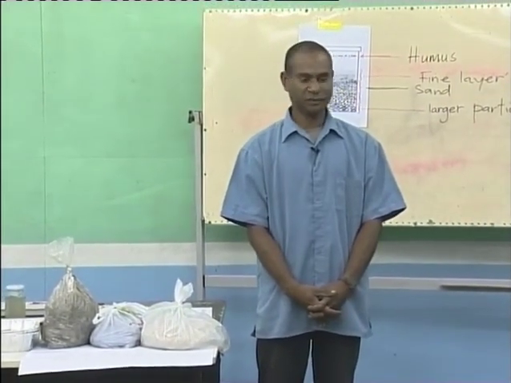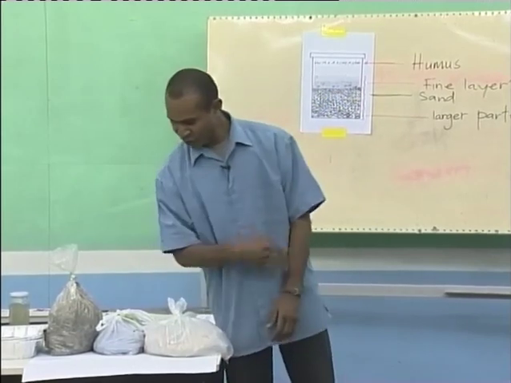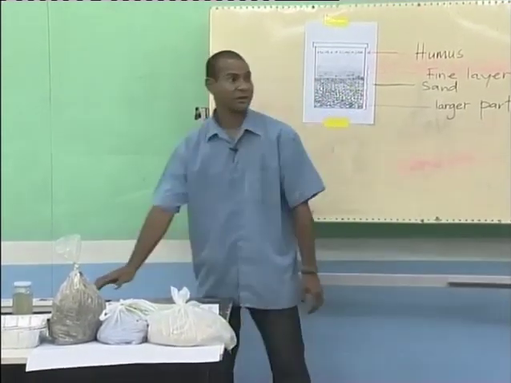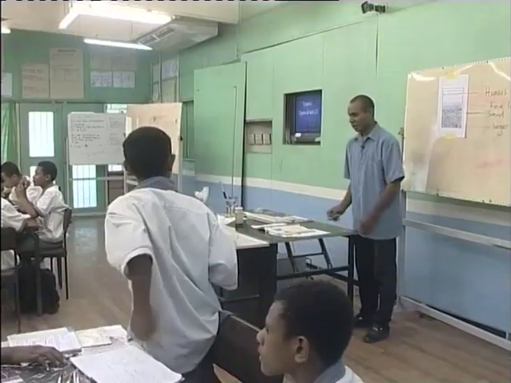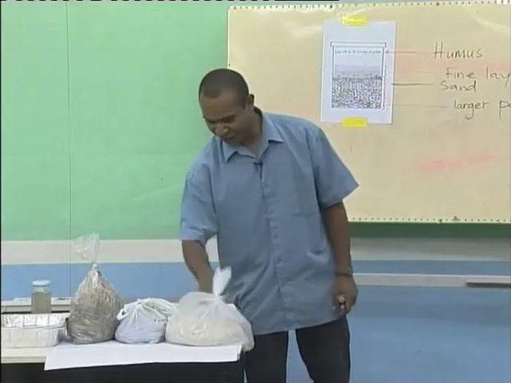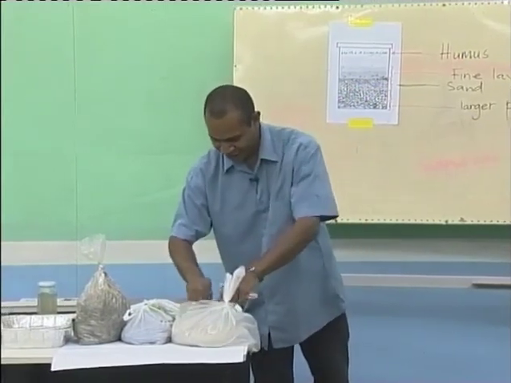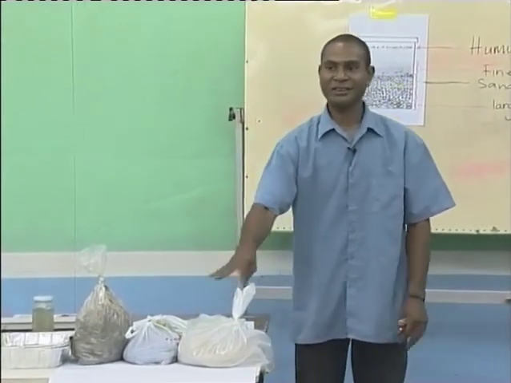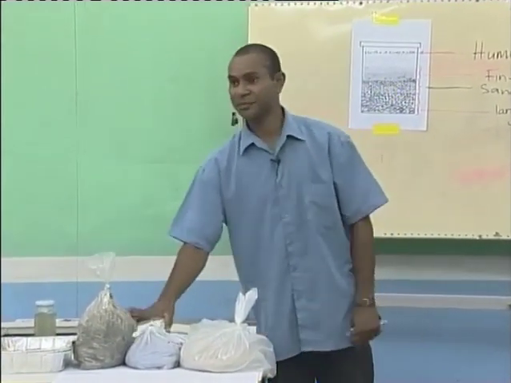Can we have Jason? One of you can guess the three of them. Sand. Sand. Very good. I have sand. What else do I have? I have sand here with me. What else? What are the other two?